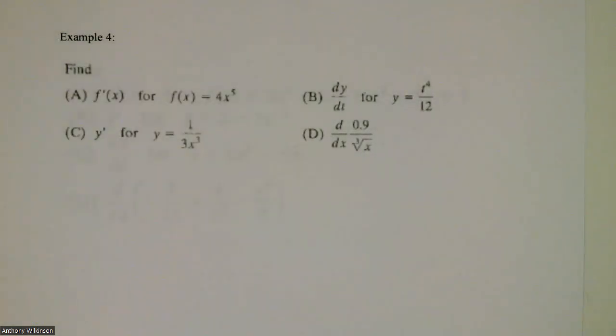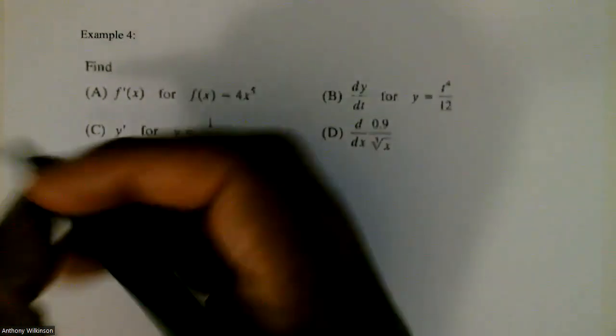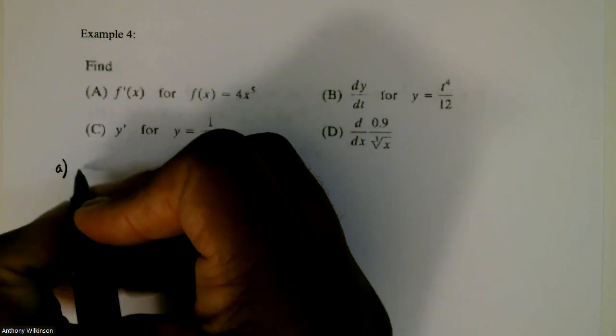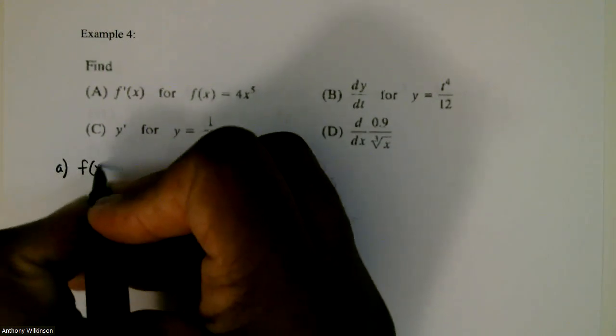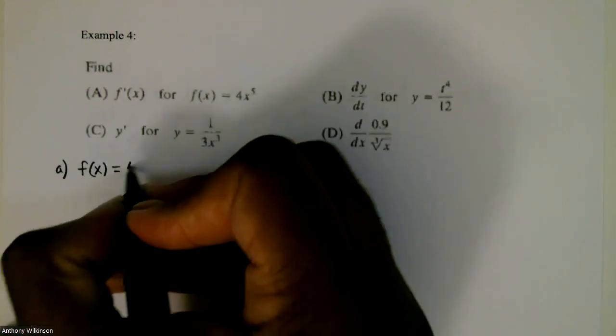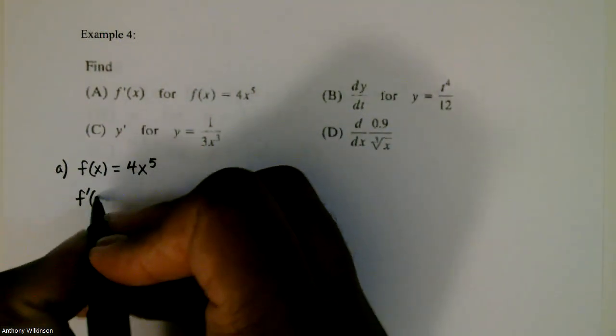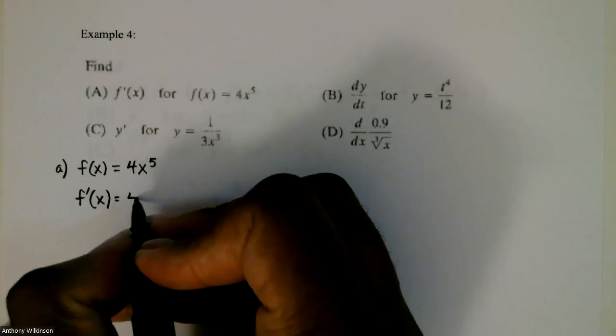Here's some examples of that. In this case here, for part A, we're going to find f prime of x for f of x is equal to 4x to the 5th. So using that constant multiple property, we got f prime of x, that's going to be this.